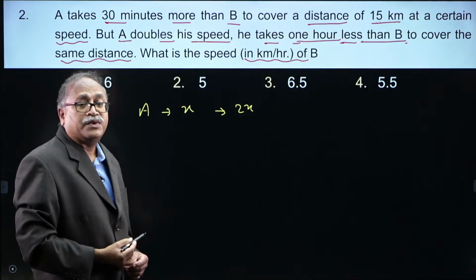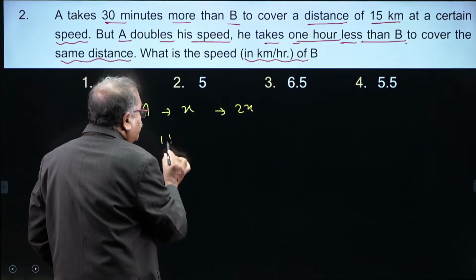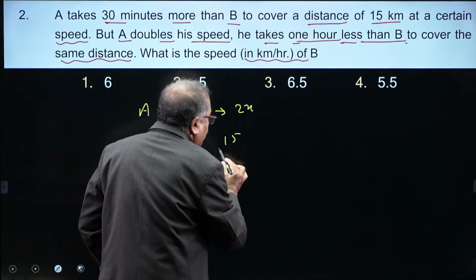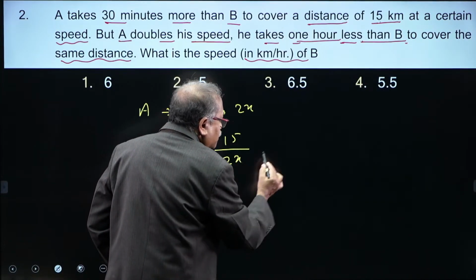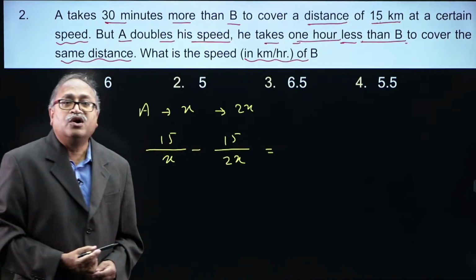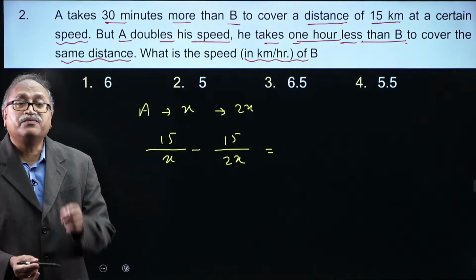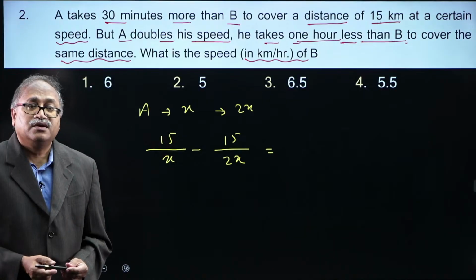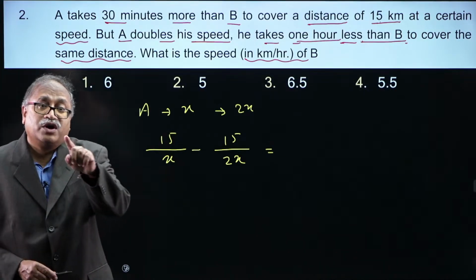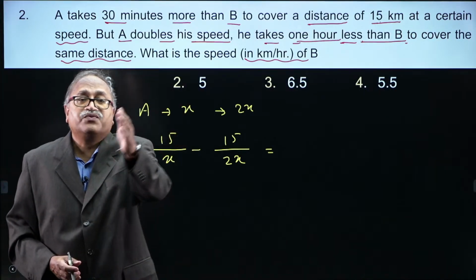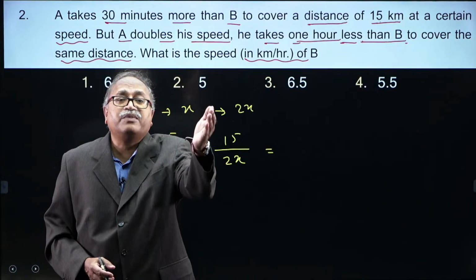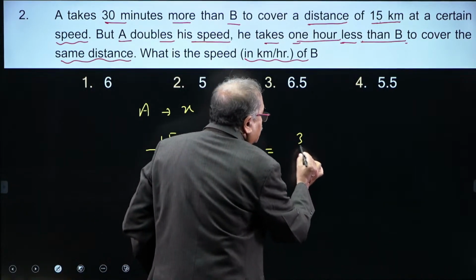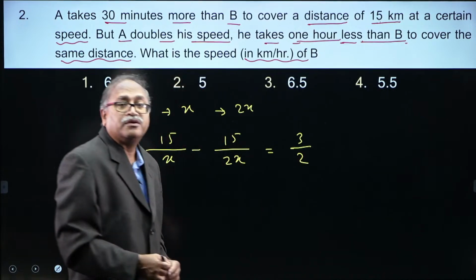So, that is 15 by x minus 15 by 2x, which is equal to the time gap. In the first case, he was 30 minutes late. When double the speed, 1 hour before, that means 1 hour 30 minutes, which is 3 by 2 hours. So, it is equal to 3 by 2 hours, that is all.